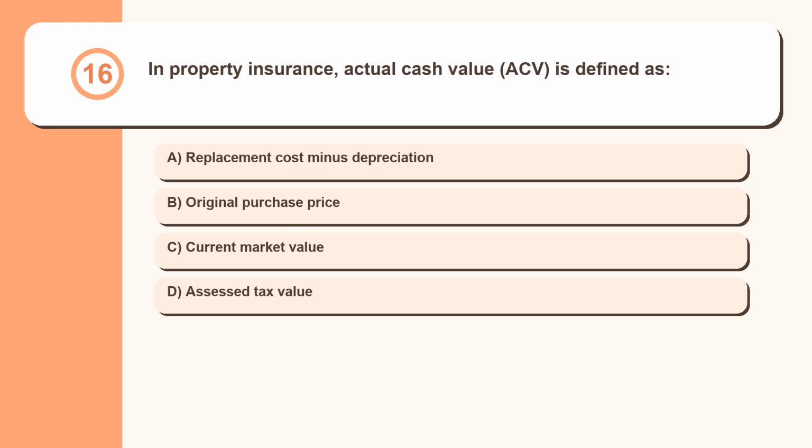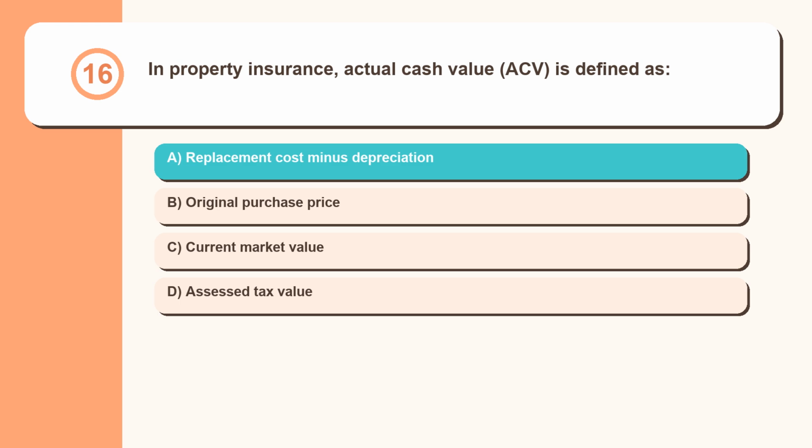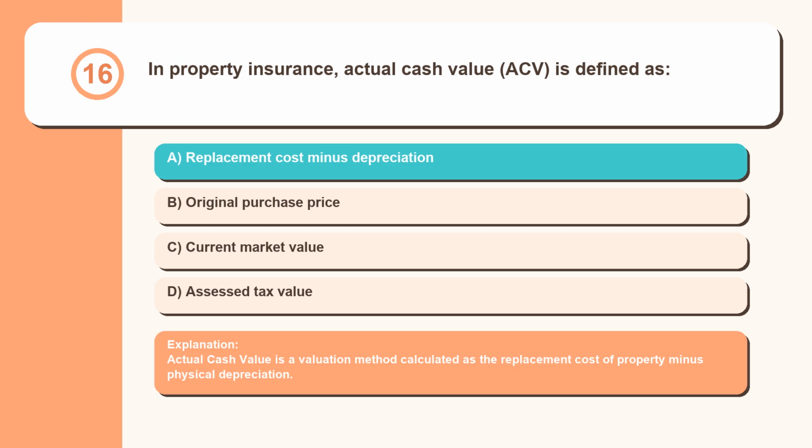In property insurance, actual cash value, ACV, is defined as replacement cost minus depreciation, original purchase price, current market value, assessed tax value. Actual cash value is a valuation method calculated as the replacement cost of property minus physical depreciation.